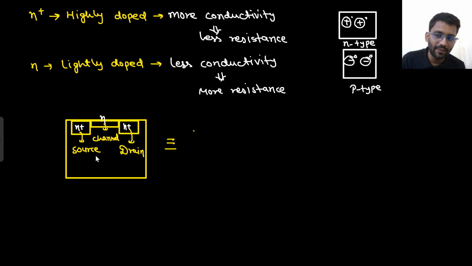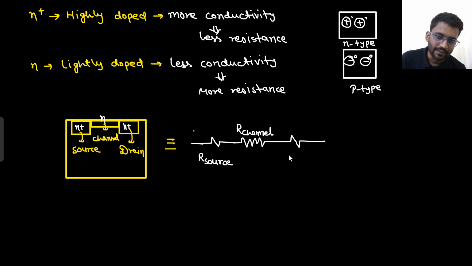So just as an analogy, I can replace this source, channel and drain with something like this. This I can call source resistance, this I can call channel resistance, and this I can call drain resistance.